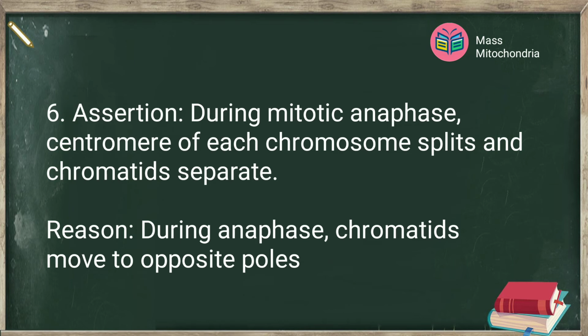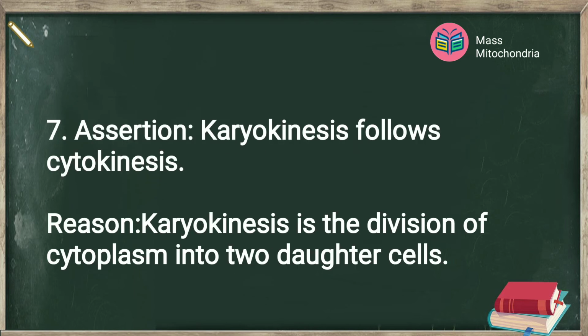Question number 7. Assertion: Karyokinesis follows cytokinesis. Reason: Karyokinesis is the division of cytoplasm into two daughter cells. Cytokinesis is the division of cytoplasm.